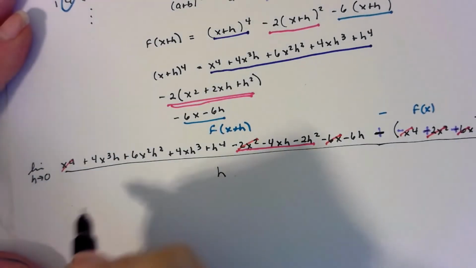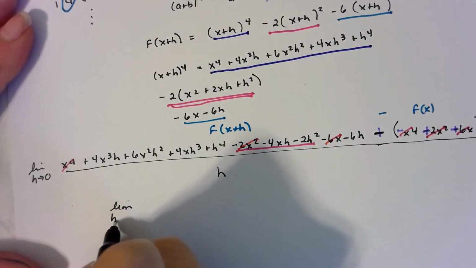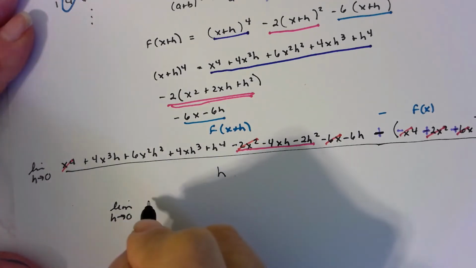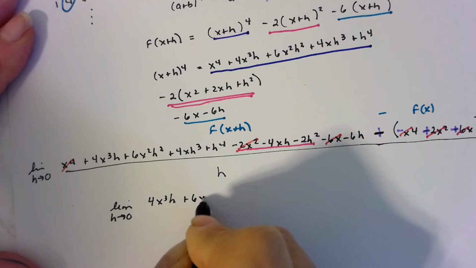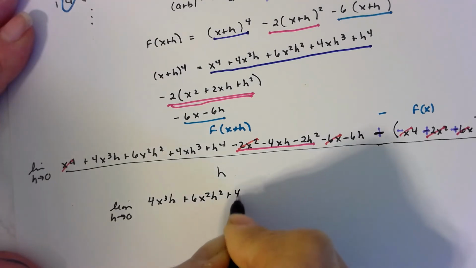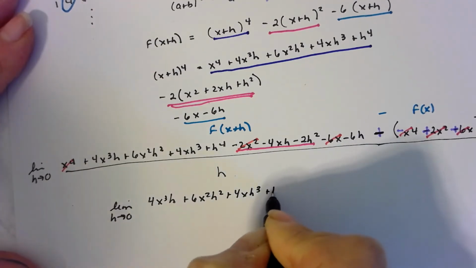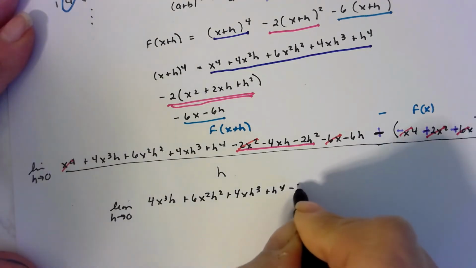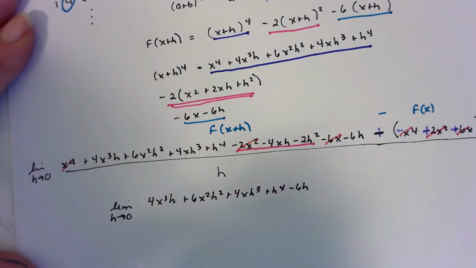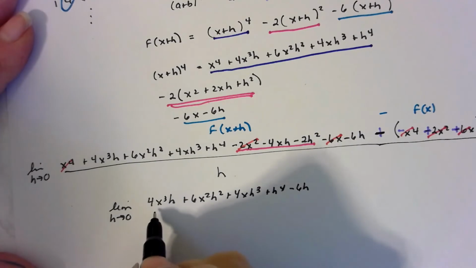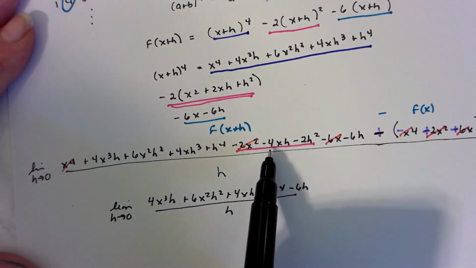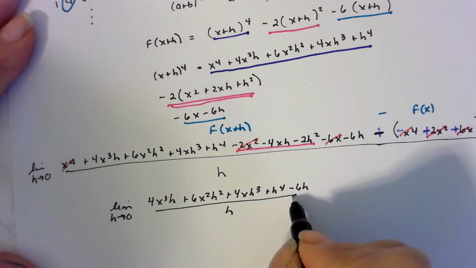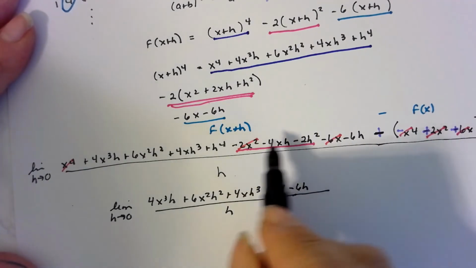So what I have then is the limit as h approaches 0 of 4x cubed h plus 6x squared h squared plus 4x h cubed plus h to the fourth minus 6h, it looks like, all over h, and I hope I didn't leave anything out. I did leave something out. I left this 4xh out.